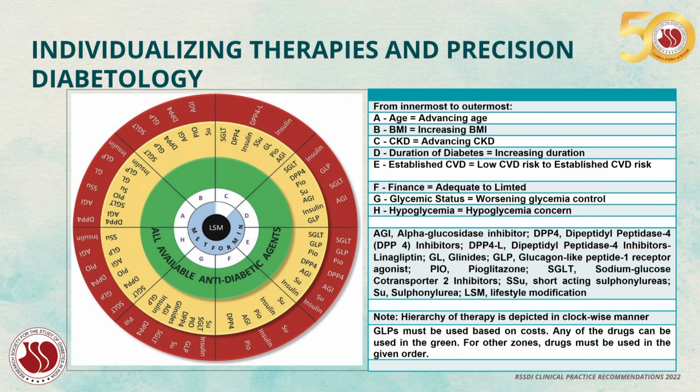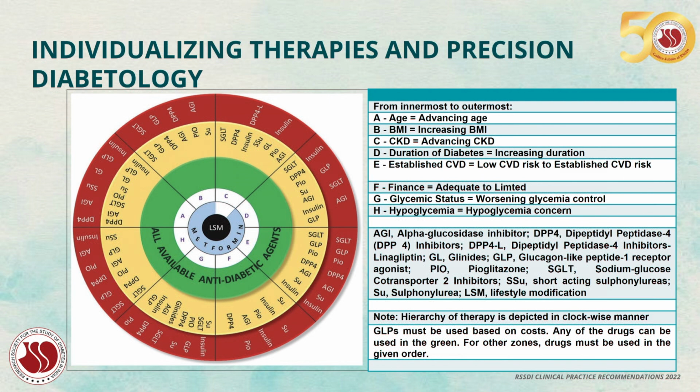Suppose you have a person who is newly detected with diabetes and is in the green zone. That means there is hardly any concern of kidney function or body mass index or age or hypoglycemia.